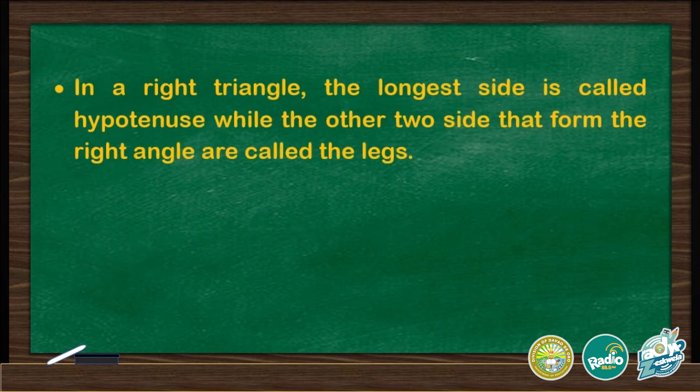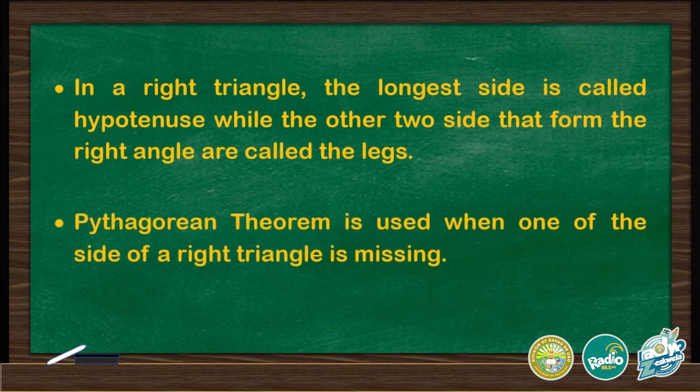In a right triangle, the longest side is called hypotenuse, while the other two sides that form the right angle are called the legs. Lastly, Pythagorean theorem is used when one of the sides of a right triangle is missing.